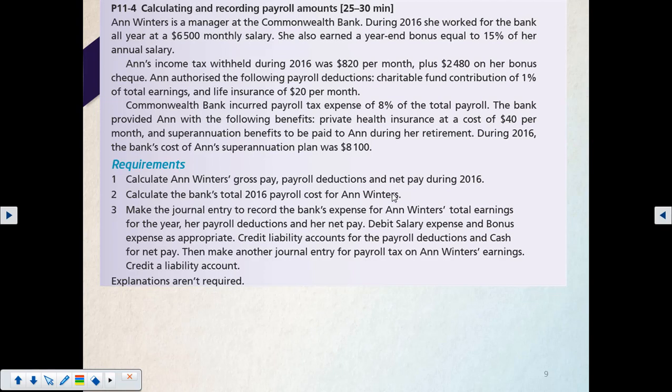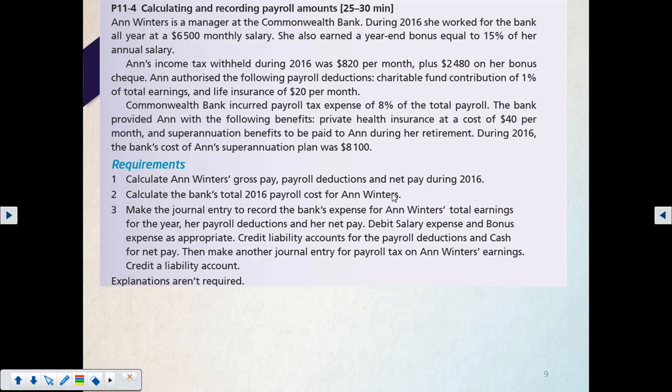So she has two. Ann's income tax withheld during 2016 was $820 per month plus $2,480 on her bonus check as well. Ann authorized the following payroll deductions: one is a charitable fund contribution of 1% of total earnings and life insurance of $20 per month. Commonwealth Bank incurred payroll tax expense for them. The bank provided Ann the following benefits.